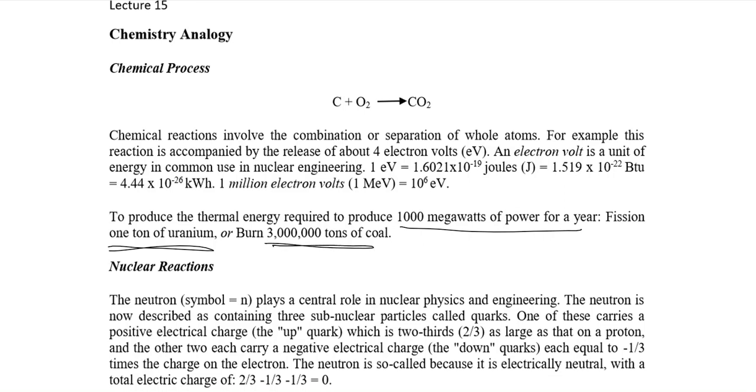So you can imagine, 1 ton of uranium is equivalent to 3 million tons of coal. That's why the main focus is to have a nuclear power plant.